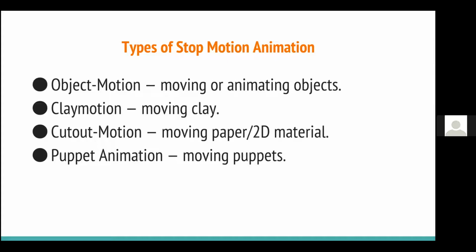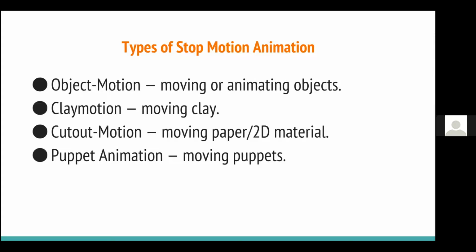Cutout motion. Ek Chidiya Anek Chidiya is an example of cutout motion, where all cutouts are used to prepare that animation, because that was an example of 2D animation.